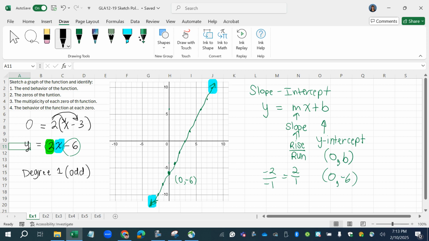So the question is, similarly, what value of x would make the y value equal 0 or the function value equal 0? Function notation and the variable y are interchangeable ways of referring to basically the same thing.